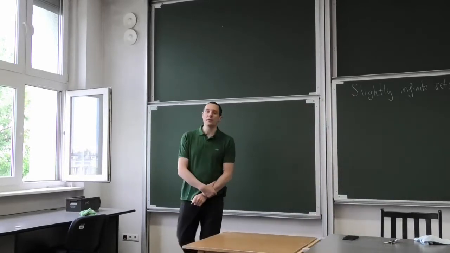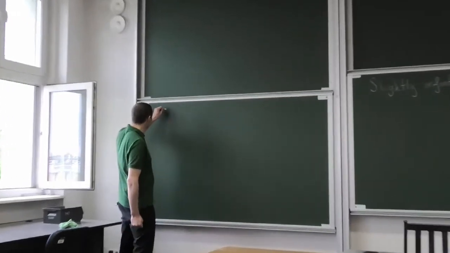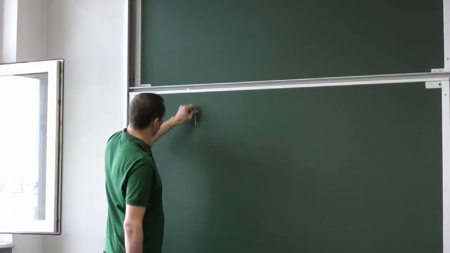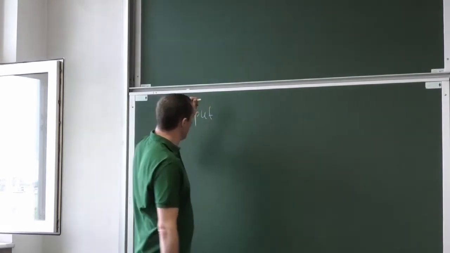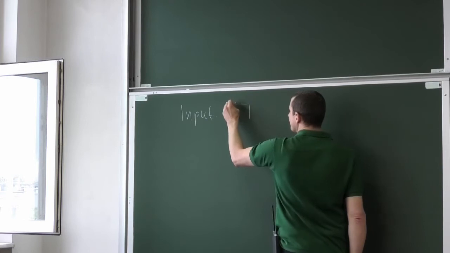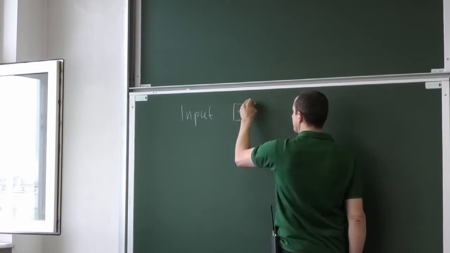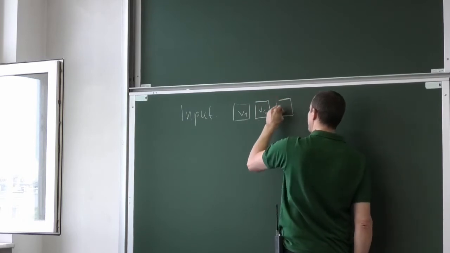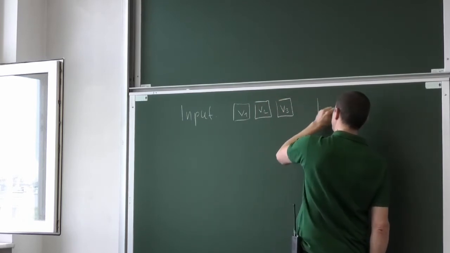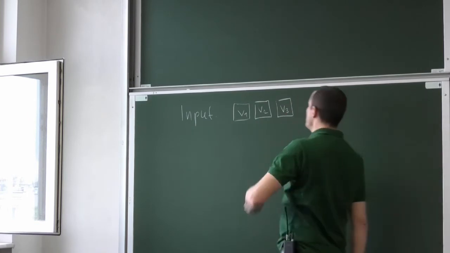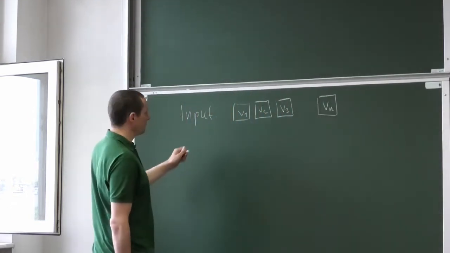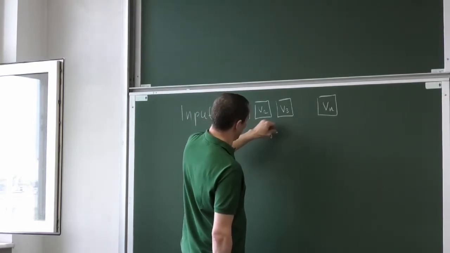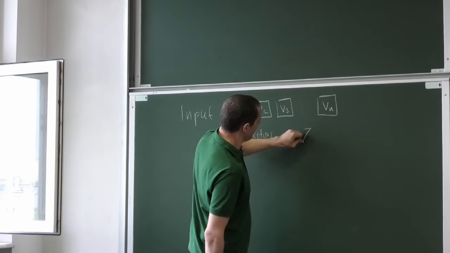So let me start with the following example. You are given vectors over the two-element field.